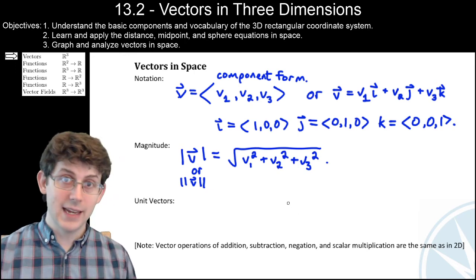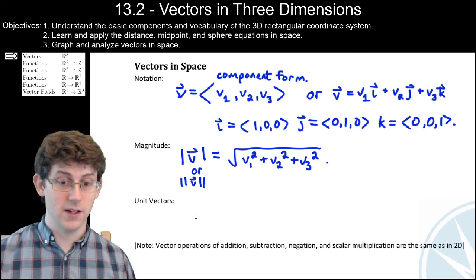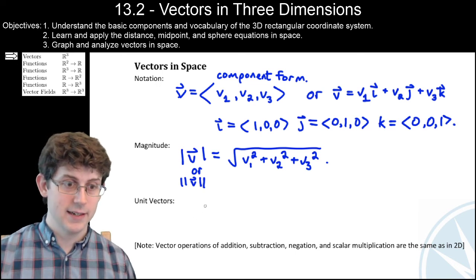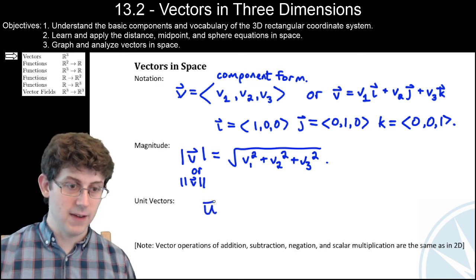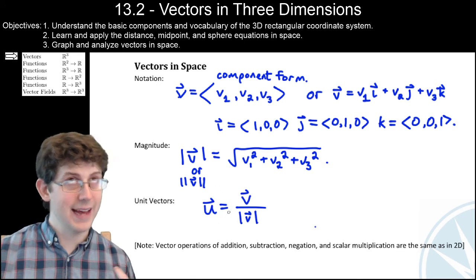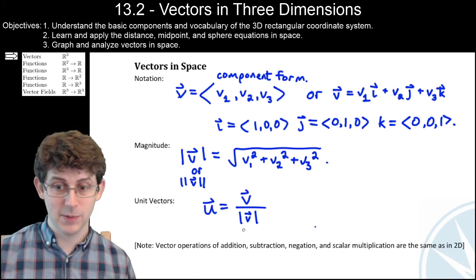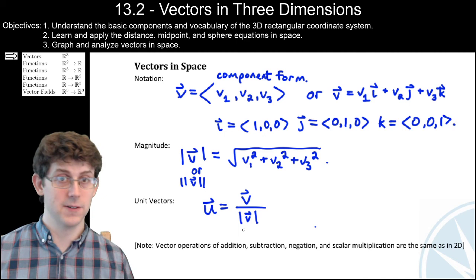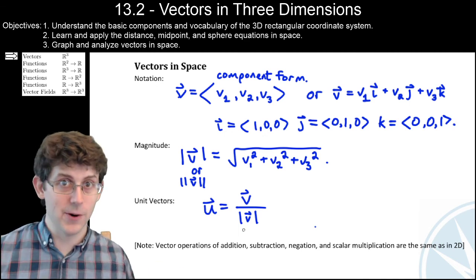And then if you want to make a vector into a unit vector, that's called normalizing it. And you can make a unit vector by dividing a vector by its magnitude. We had this formula for 2-dimensional vectors, but there was nothing about it that was special for 2 dimensions. And that's the power of vectors.